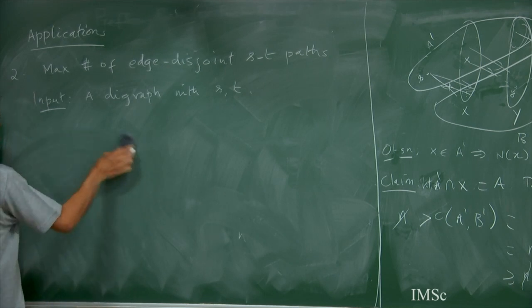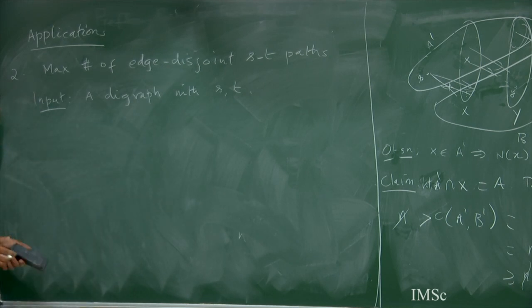Okay, this is already in the form of a max flow input where you have an S and a T and a directed graph. You just have to make it into a network. A natural thing is to put all capacities as 1, right?